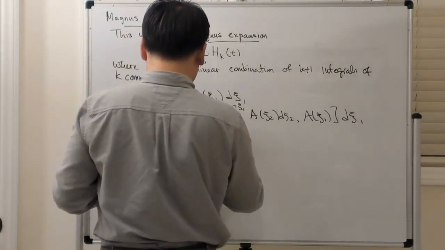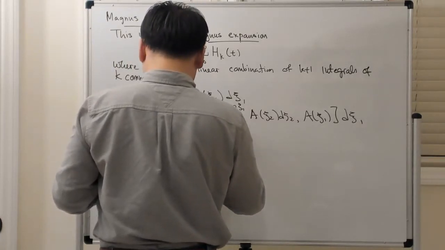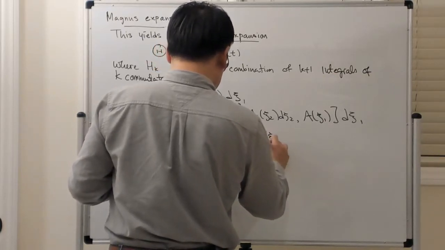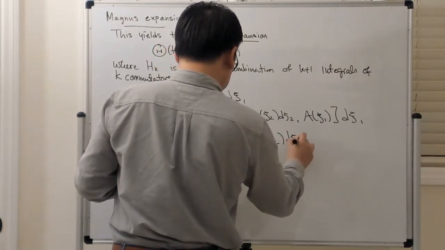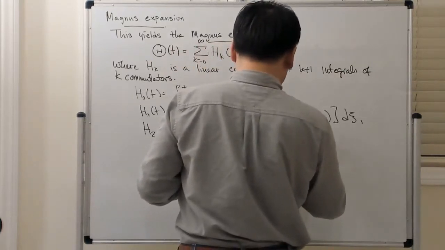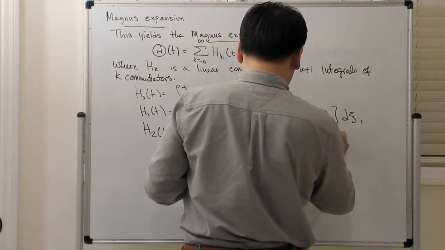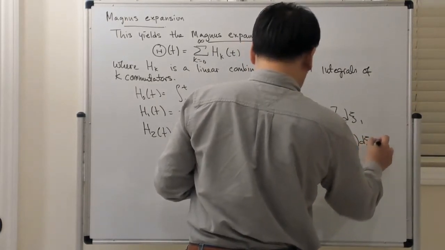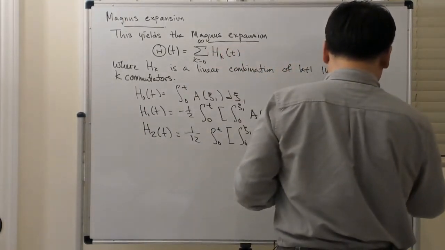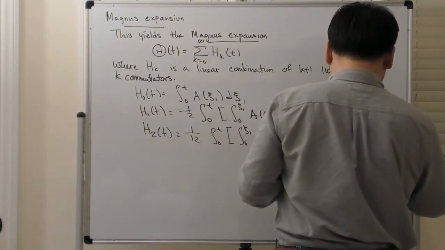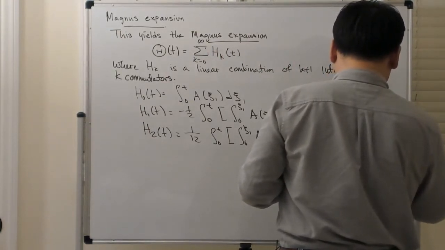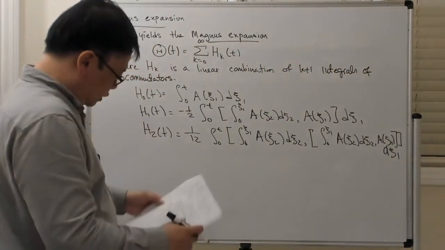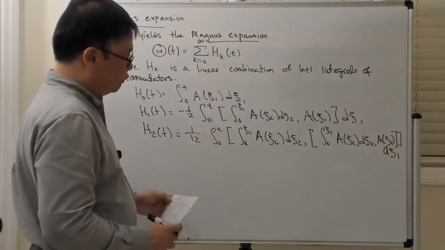Okay. All right. So this h1 term has two integrals and one commutator, which is what I basically said. And then the h2 term is going to be 1/12 times the integral from 0 to t of the integral from 0 to c1 of a of c2 d c2, comma, the integral from 0 to c1 of a of c2 d c2, bracket, a of c1 d c1. Okay, so there's actually another term, but let me talk about this term first.